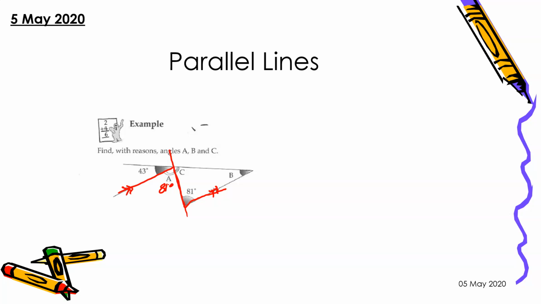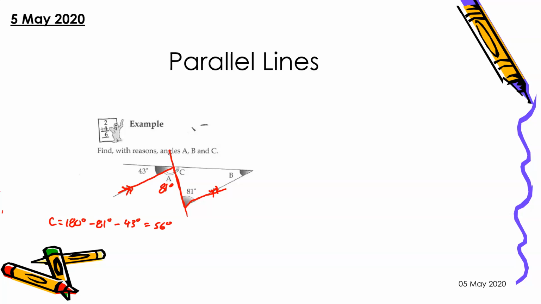The other thing we can do with that is we could then use that to work out C. So C is going to be equal to 180 take away 81, take away 43, which gives us 56.